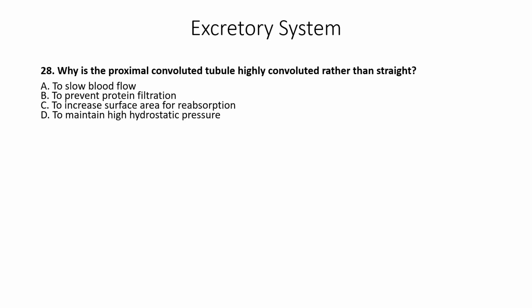Okay, so let's get into some questions now. I'll put the questions up, and I'm sure by now all of you know you can send the question in the chat and we can discuss it. You can just type in and send a message, and we can look at the answer there and go into details. The first question is, why is the proximal convoluted tubule, or PCT, highly convoluted rather than just being straight?